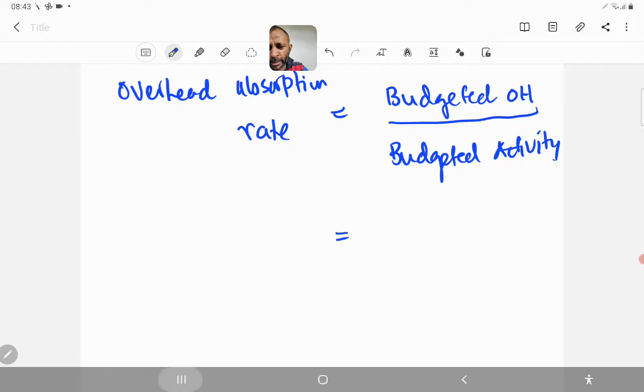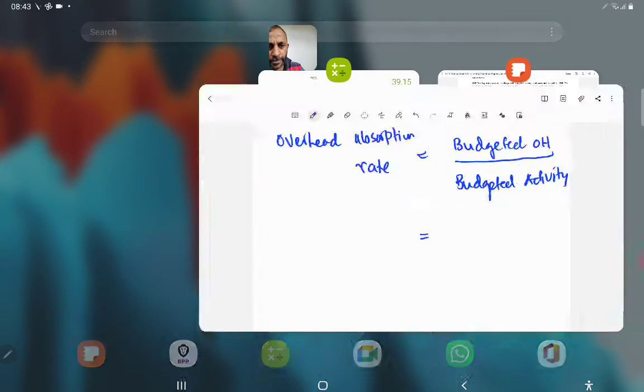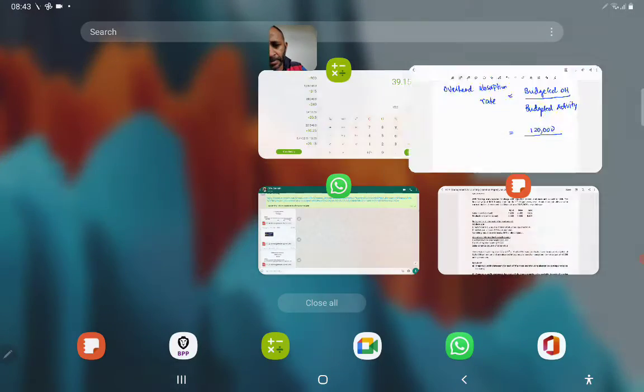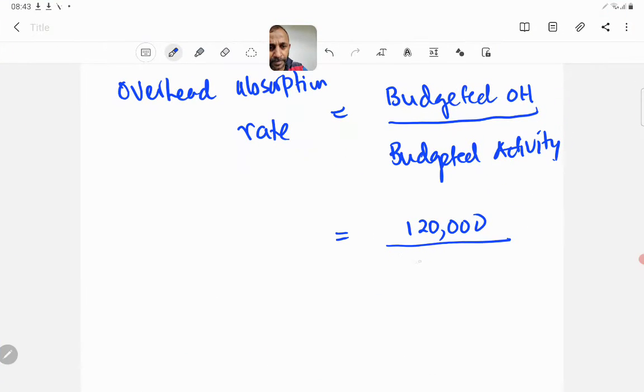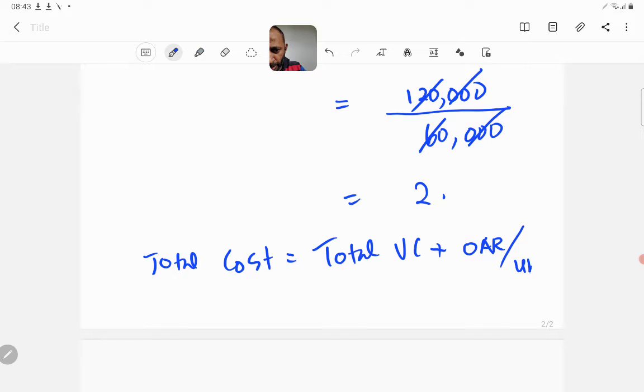The budgeted overhead in this example is $120,000, and this is absorbed based on output of 60,000, so $2. Therefore, total cost is equal to total variable cost plus overhead absorption rate per unit.